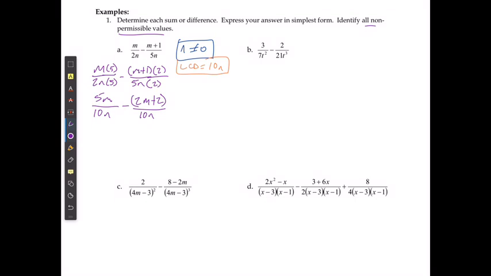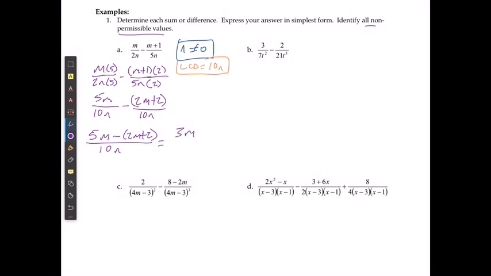And then, because they have a common denominator, I can just say that this is going to be the same as 5m minus 2m plus 2 all over 10n. If I have 5m, I'm taking away 2m, then I'm left with 3m.